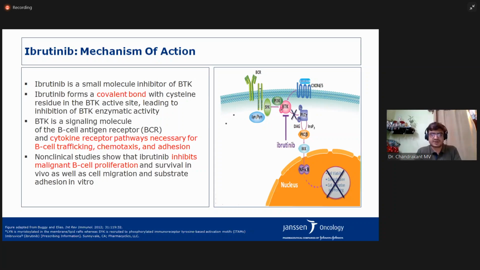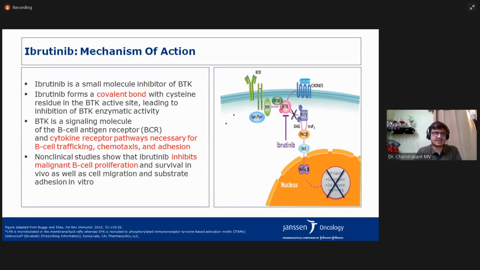Ibrutinib plays an important role by inhibiting this BTK, where it cuts down the signal transduction between the B cell receptor and the nucleus, the NF kappa B. You can also see the PI3K, the beta one, also being there. So this ibrutinib basically inhibits these tyrosine kinases, which interferes in the signal transduction from the B cell receptor to the nucleus.